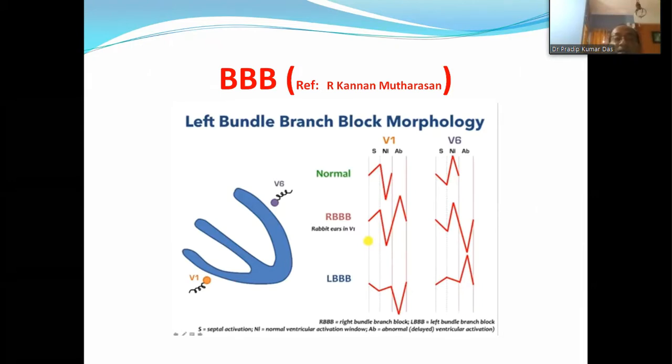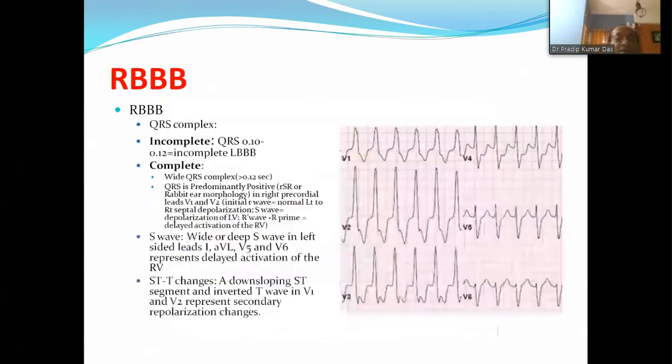In septal depolarization, in V6 we will get an upward deflection, and in V1 we will get a downward deflection. Then the left ventricle will be activated, and the right ventricle, as you know.